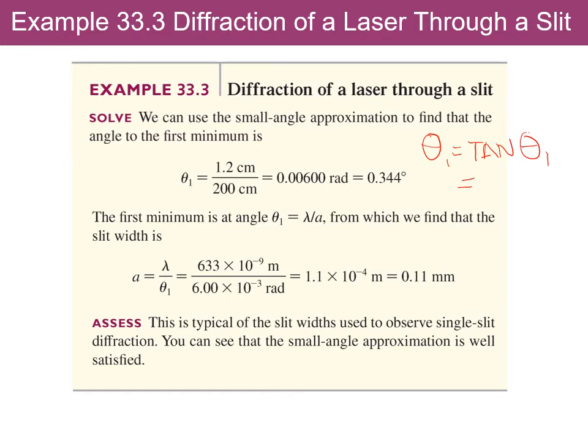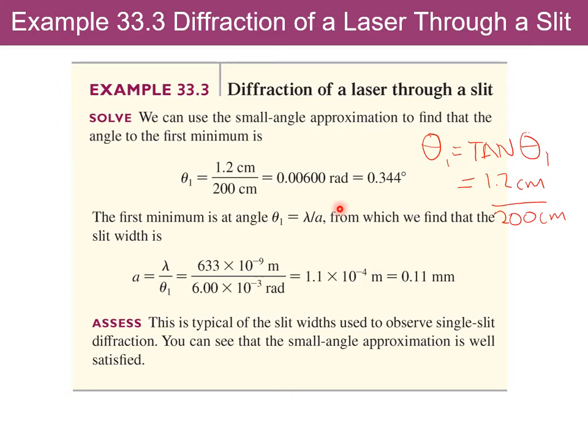equals 1.2 centimeters divided by 200 centimeters, which equals 0.00600 radians, or 0.344 degrees.